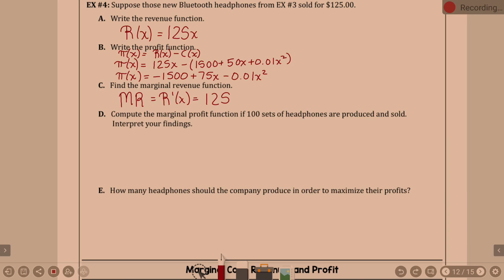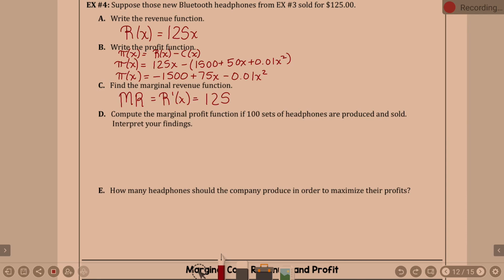Okay, D, compute the marginal profit function if 100 sets of headphones are produced and sold. Interpret your findings. Okay? So, marginal profit. What do we have? We have a profit function, yes?